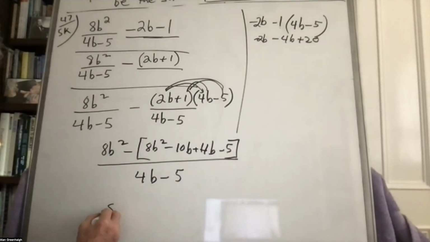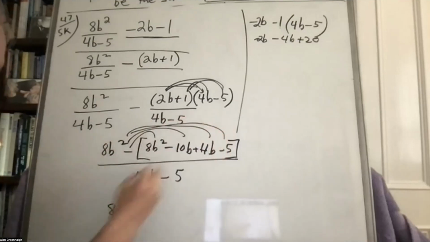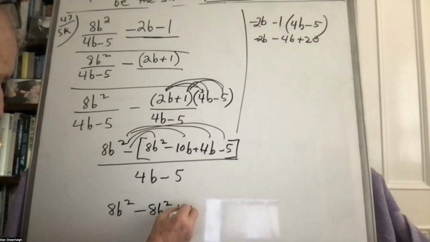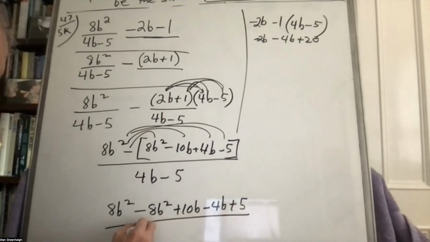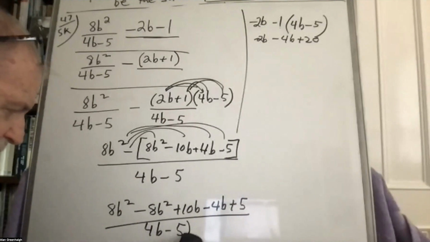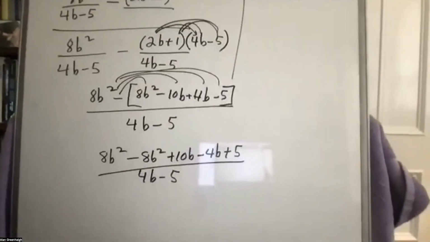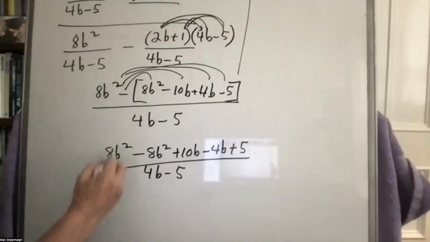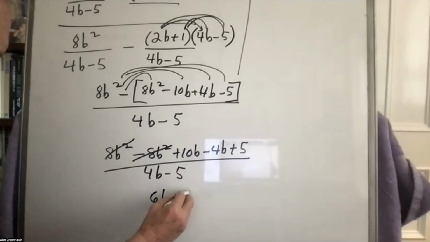And that's going to be 8b squared. Now you're going to do this: negative 8b squared plus 10b minus 4b plus 5 over 4b minus 5. I don't need parentheses there. A tough little problem. This cancels out. This becomes 6b plus 5 over 4b minus 5.